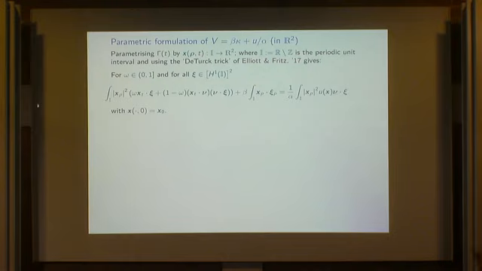We parameterize our boundary by this parameter x, and we take I to be the periodic unit interval, so we're always thinking about closed curves. We've got this closed curve, gamma of t, and we parameterize it by x. If we look at the terms coming into this, we want to approximate v, which is the normal velocity.